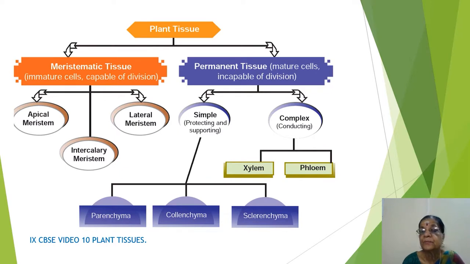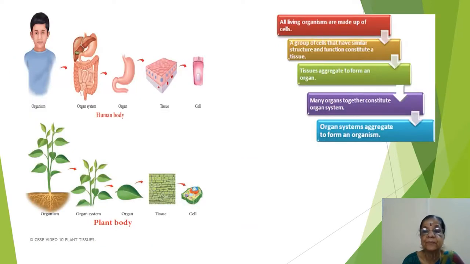I hope you follow. The next one, as I said, like animal tissues, plant tissues are also unicellular and multicellular. Unicellular, I gave an example, Chlamydomonas, whereas in animals it is amoeba. Okay, whereas multicellular, just see, all living organisms are made up of cells.